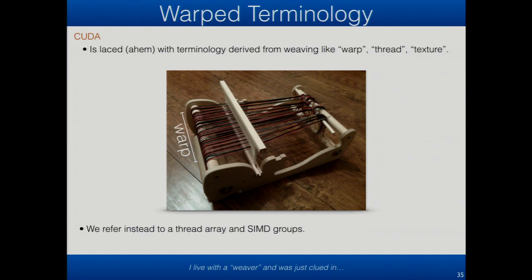It's laced with terminology derived from weaving, like warp, thread, and texture. And it's a completely broken analogy for parallel computing, because I actually happen to live with someone who weaves.